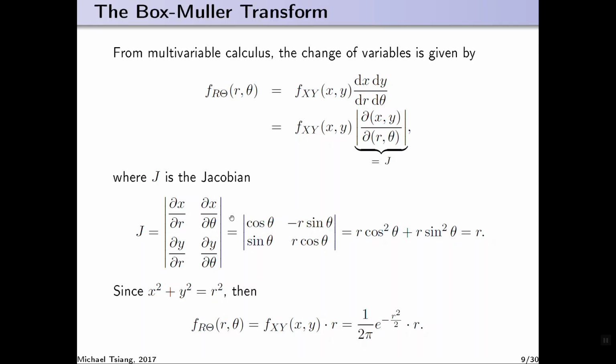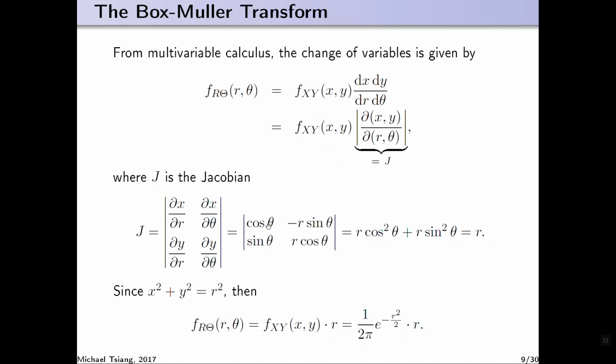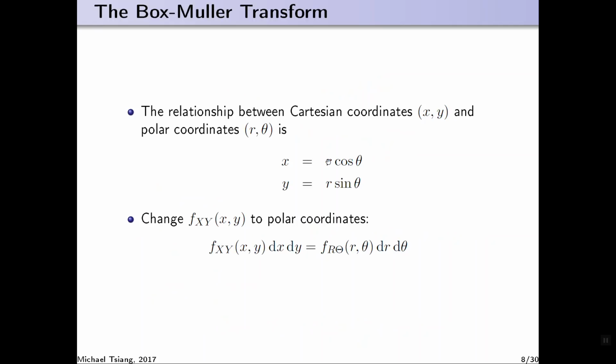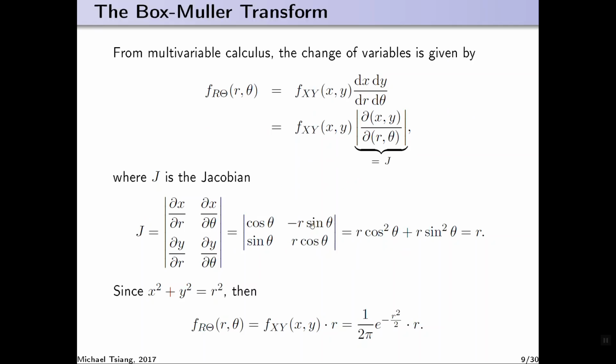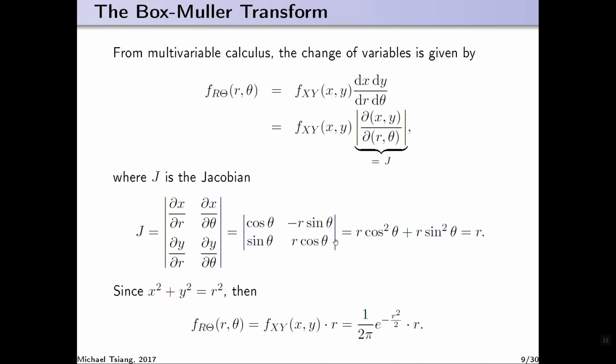And then, how does x change with respect to r? Well, if we say r is the only thing that's changing, and theta is held constant, then x changes at a rate of cosine theta. How does x change with respect to theta? Then it becomes r times negative sine theta. And then, how does y change with respect to r, and with respect to theta? You have sine theta and r cos theta.